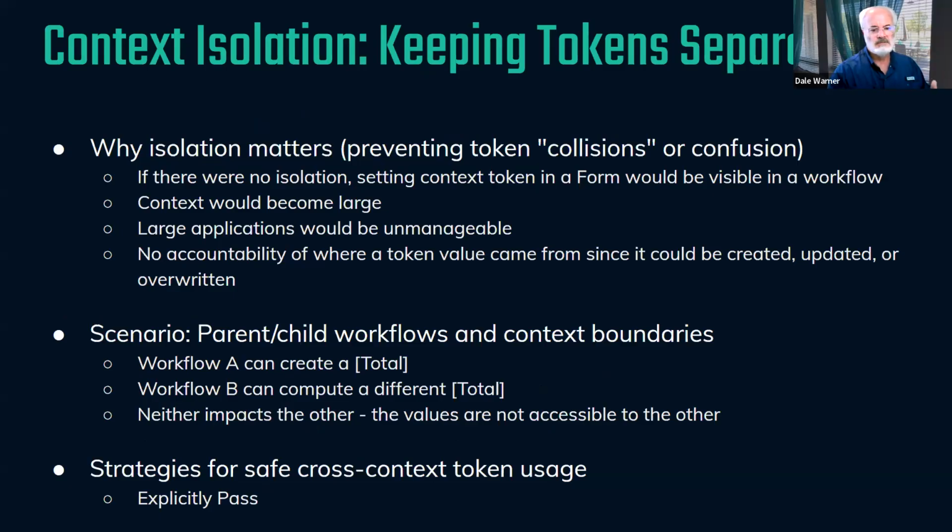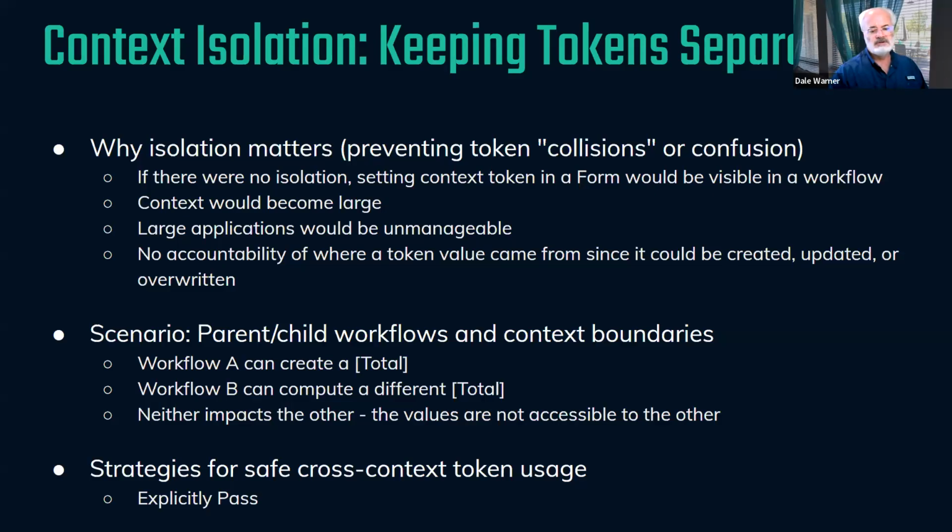So why does it matter? If there were no isolation, everything would just be in a big stack. You'd have a form, you'd click a button, it would have a context, you could do things in that, and then you run a workflow. If there were no isolation, the workflow would create things, and it would come back to the form.